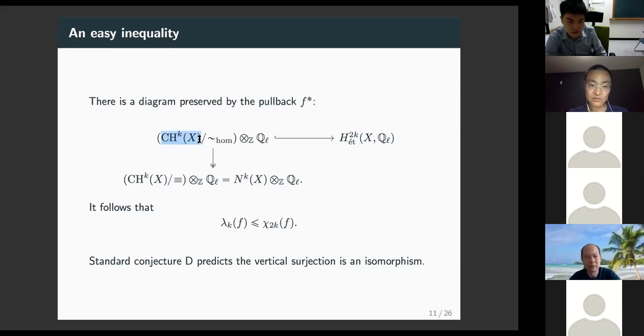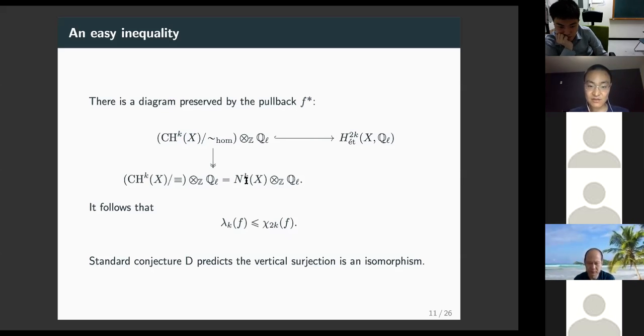If we quotient this by homological equivalence and tensor with Q_l, we have an injection into the cohomology group. We quotient by torsion. On the other hand, we have this surjection, the Chow group modulo numerical equivalence, because homological equivalence is finer than numerical equivalence.